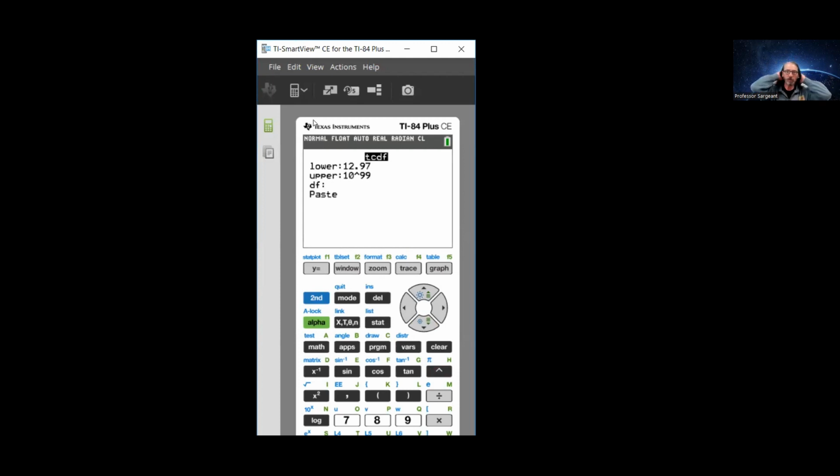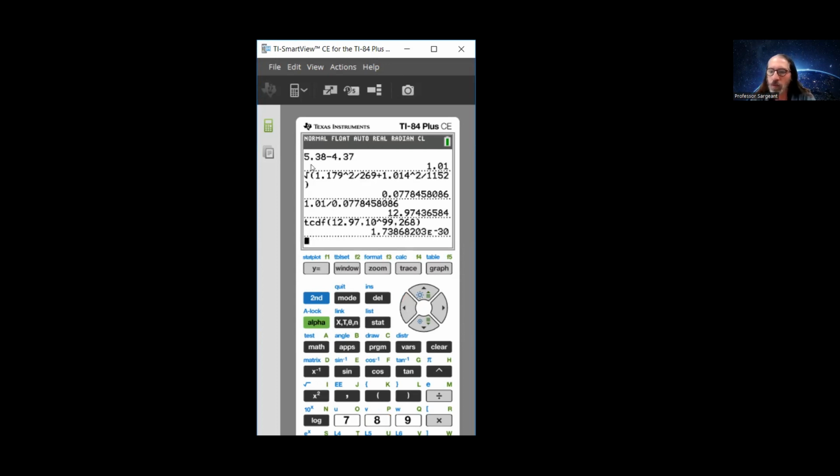And now I could actually use the 268 degrees of freedom because I'm using technology. That means that after the decimal point, you would have 29 zeros. That 1 at the beginning would show up at the 30th place after the decimal point. So that is definitely less than 0.05.